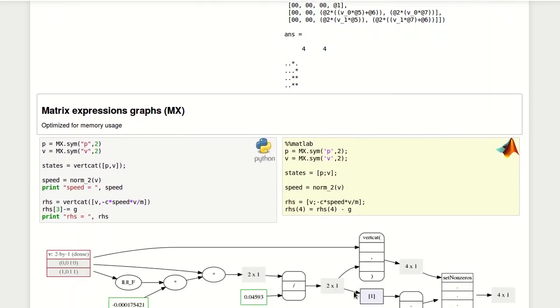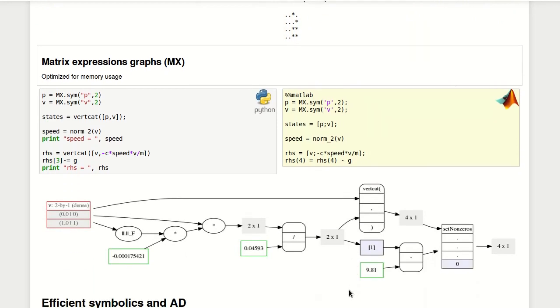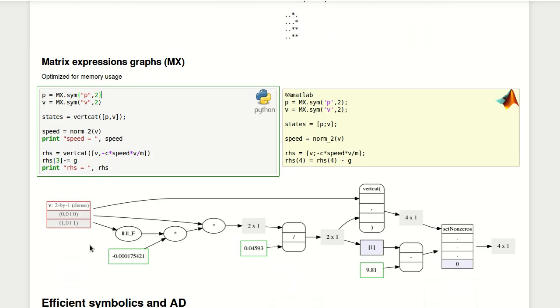There is a second kind of symbolic graph in CasADi, and this is a graph where the nodes are not scalar expressions but matrix expressions. So here before every node was a scalar. If we just replace SX, which stood for scalar expression, by MX, then we have the matrix expression type.